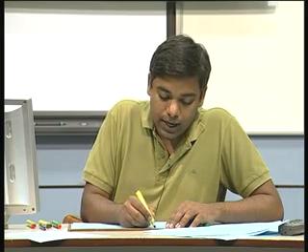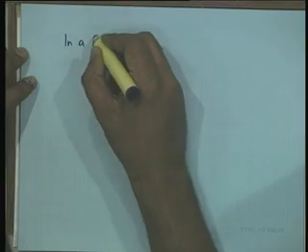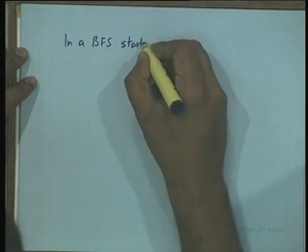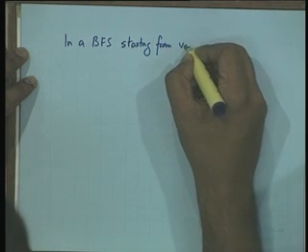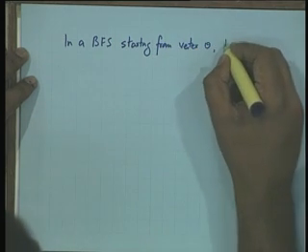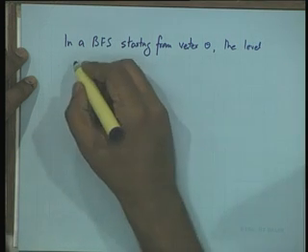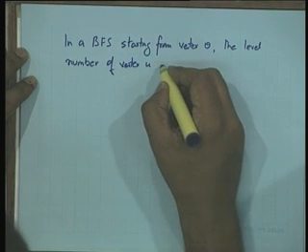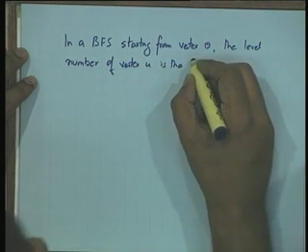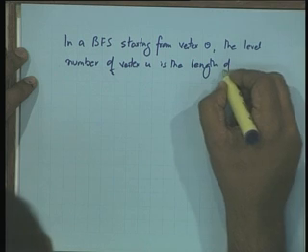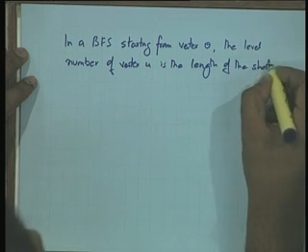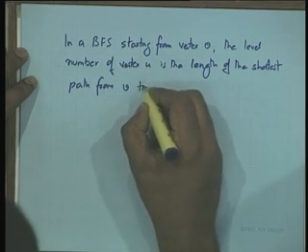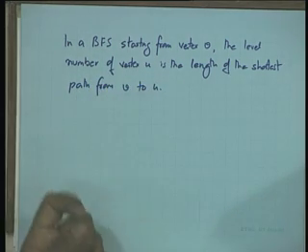What I want to argue is that in a breadth first search starting from vertex V, the level number of vertex U is the length of the shortest path from V to U. What are we saying?